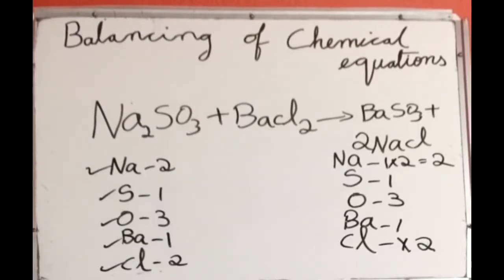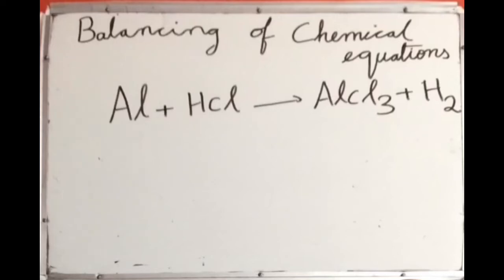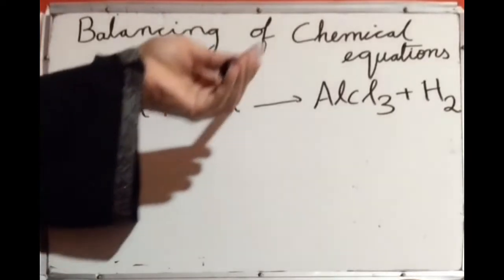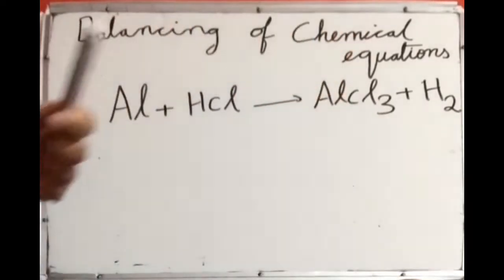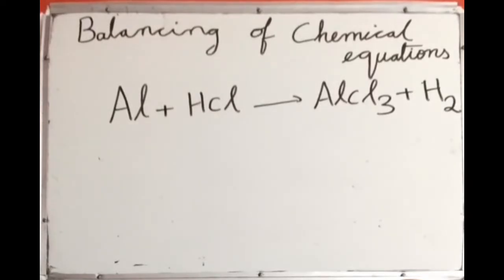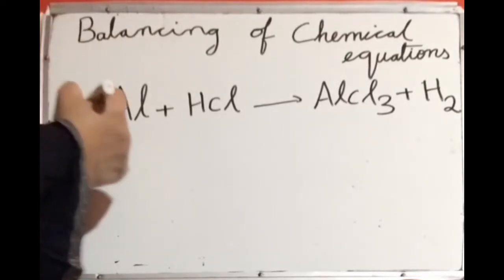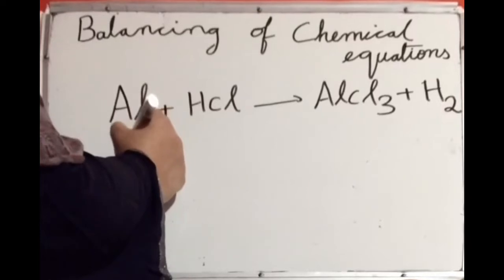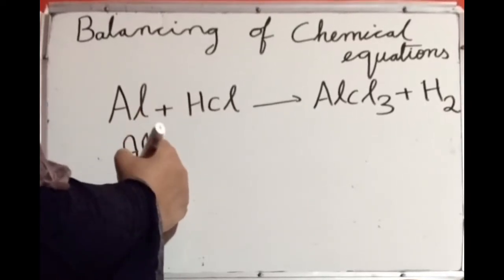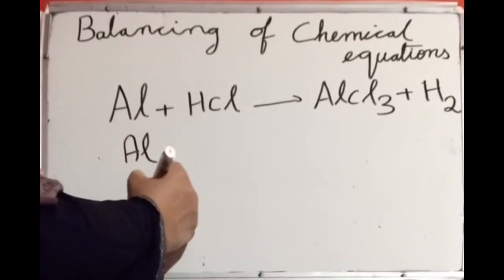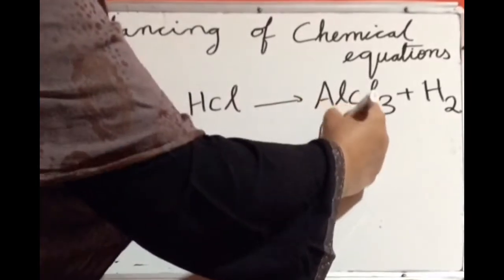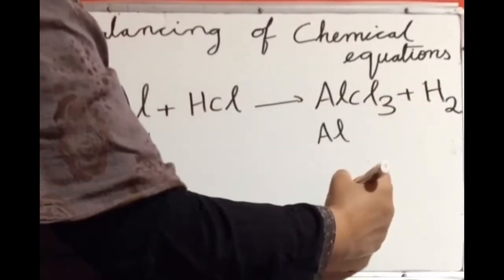Now we will see another reaction. Let's see this equation. Al plus HCl giving AlCl3 plus H2. So what are all the things you have to write? First Al, then hydrogen, then chlorine. Here also Al, next what element?